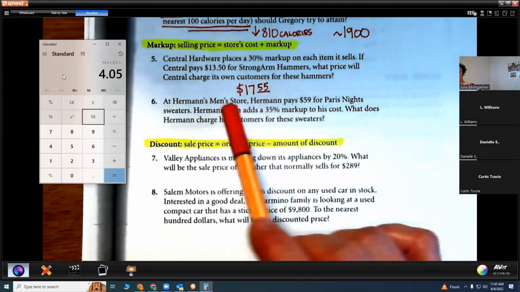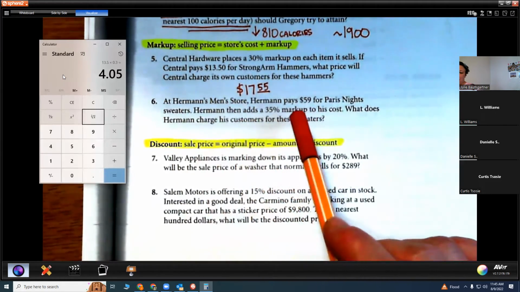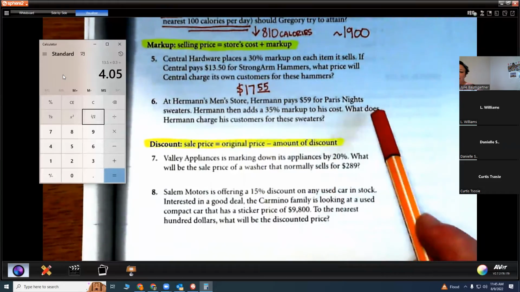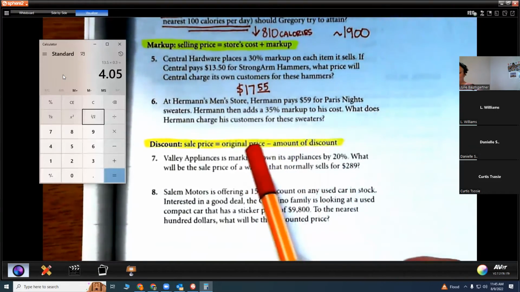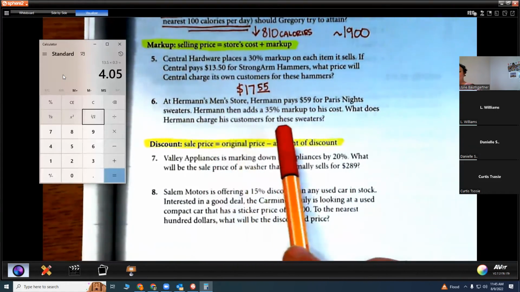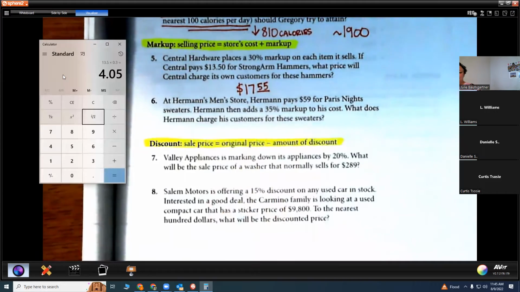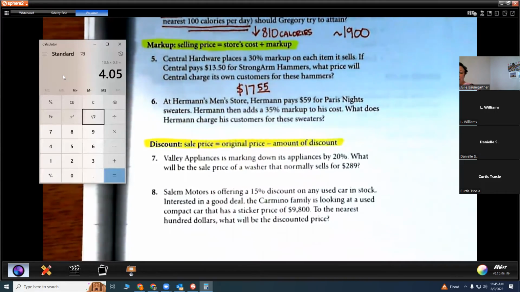All right. At Herman's men's store, Herman pays $59 for Paris Nights sweaters. Ooh, sounds nice. And then he marks them up 35%. And of course, that 35% markup is the profit that the store makes, because they have to spend money to make their money.